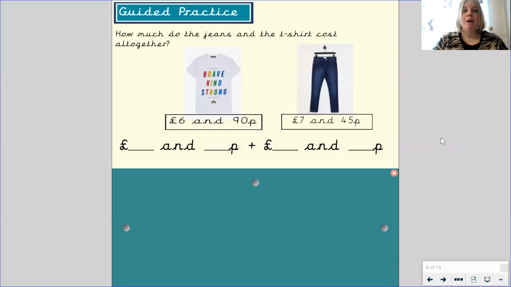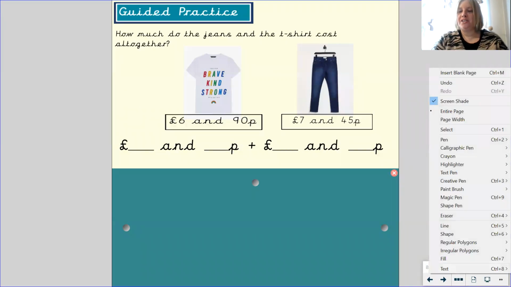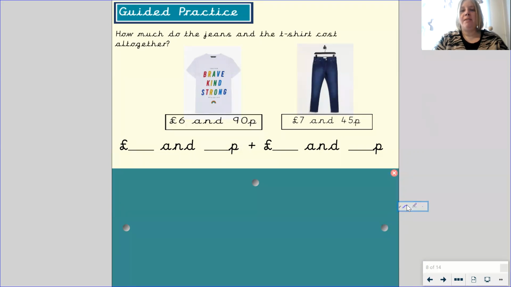So, how much do the jeans and the t-shirt cost all together? The first thing we need to do is find out how much our t-shirt costs. And our t-shirt costs £6 and 90p. The first thing I'm going to do is write the cost of the t-shirt.